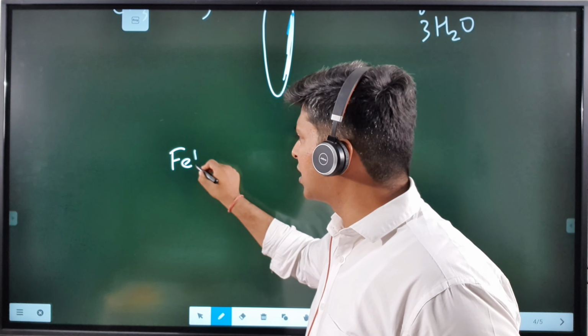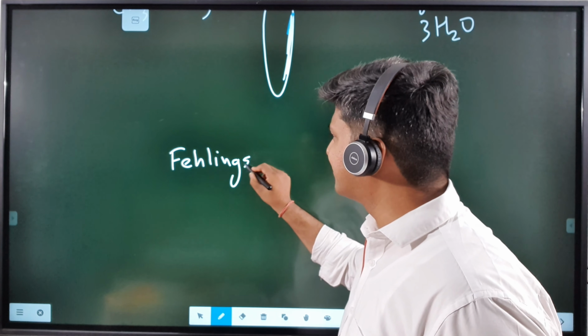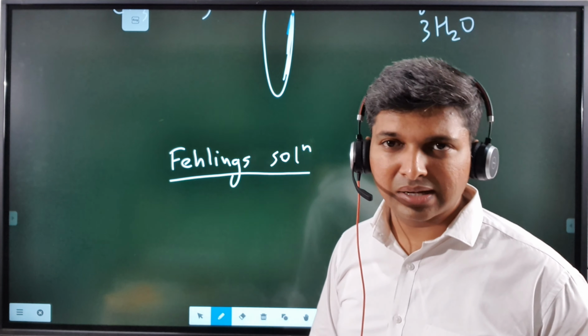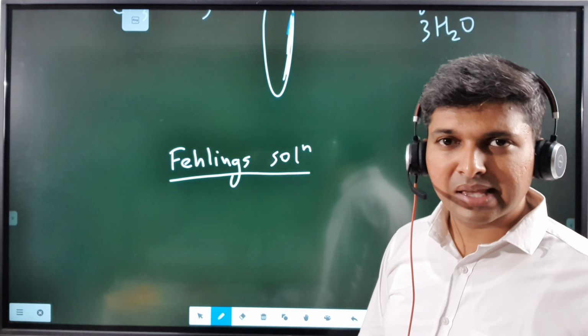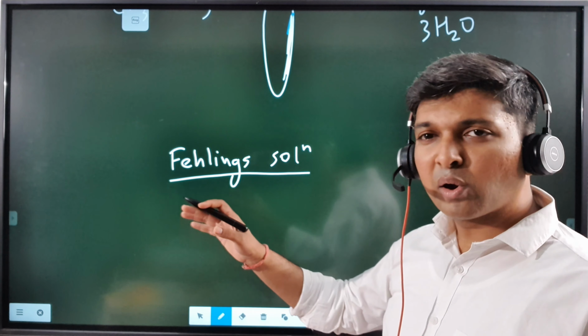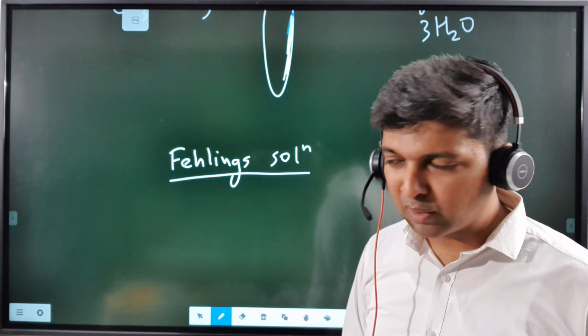Fehling solution is a combination of Fehling solution A and Fehling solution B. Fehling solution A consists of copper sulfate, and Fehling solution B consists of sodium potassium tartrate. But we are not going to write the entire big reaction, we're just going to write the ionic reaction.